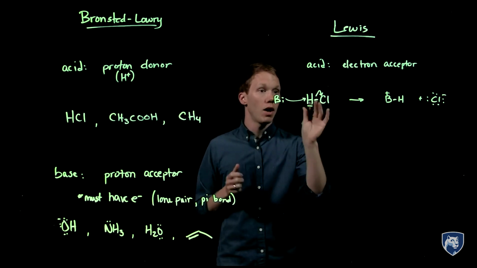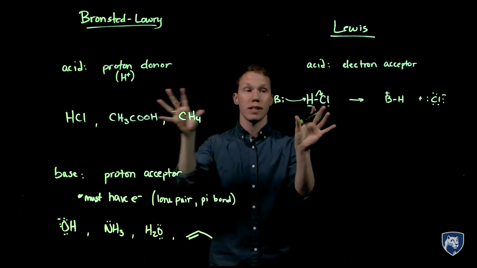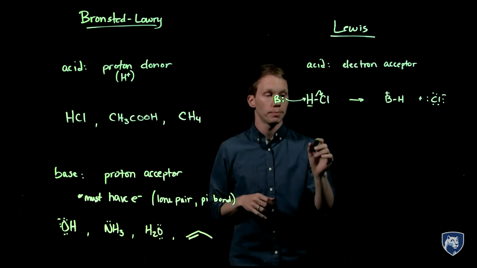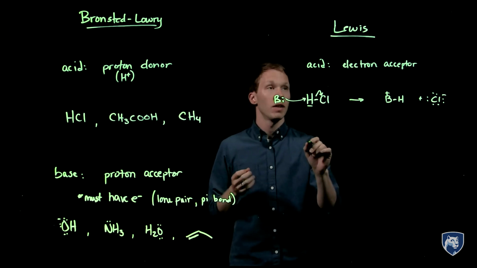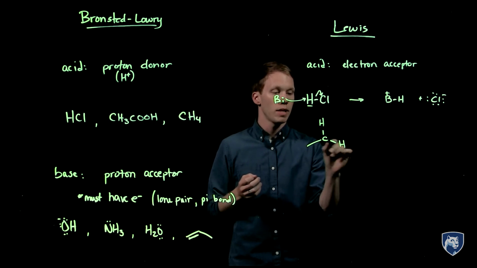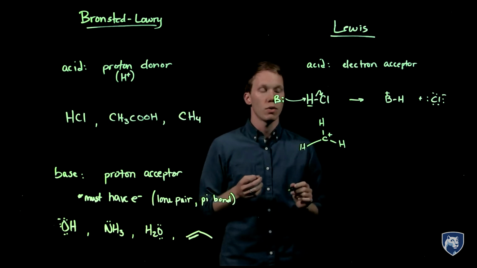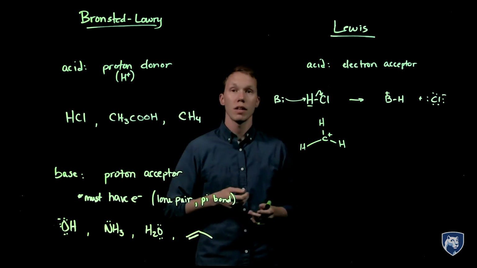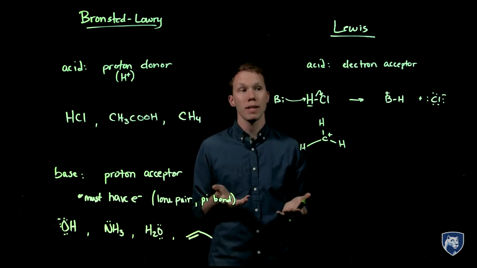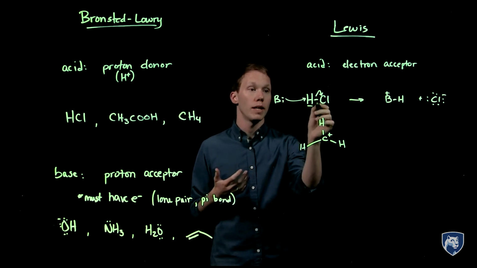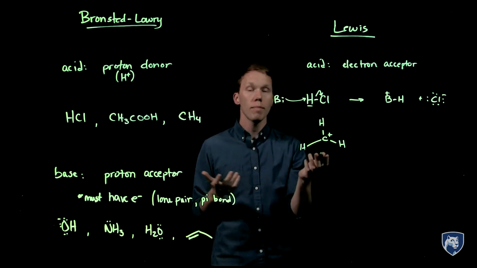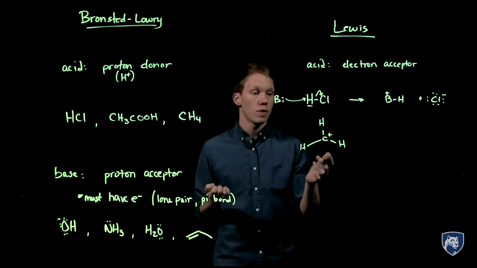Then we can say all of the Bronsted acids are going to be Lewis acids because they will react in the same manner. Other compounds that fall into the Lewis acid category are going to be carbocations. So carbon with just 6 electrons, it's electron deficient. So in order to be an electron acceptor, it has to be able to accept them either through an easy bond to break, because hydrogen can't have more than 2 electrons, or by having an empty orbital to accept electrons.